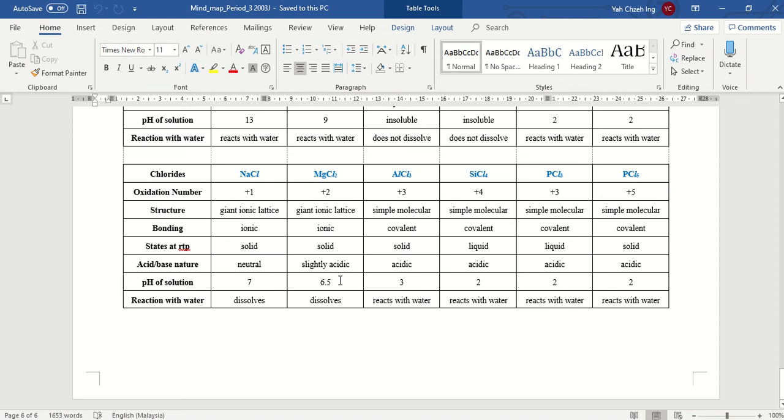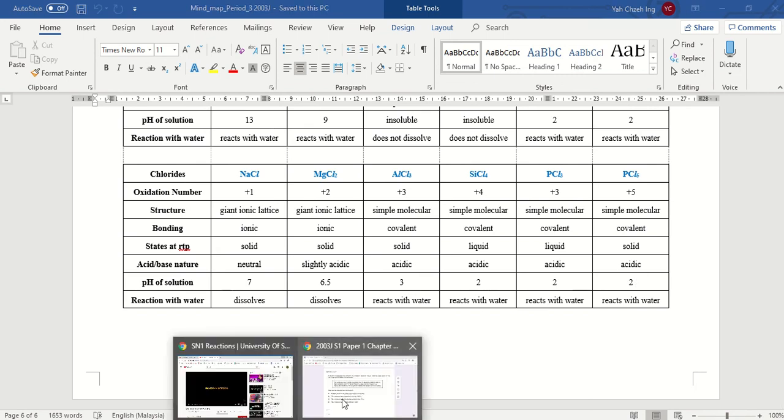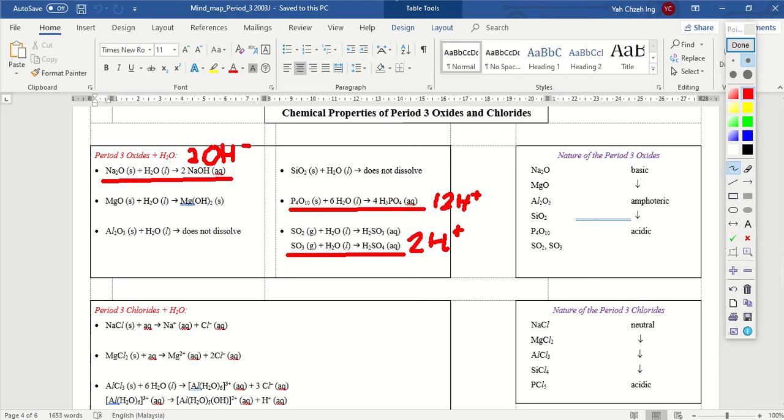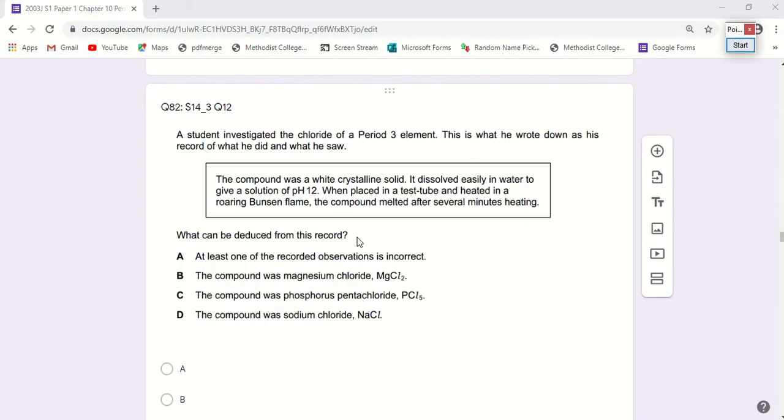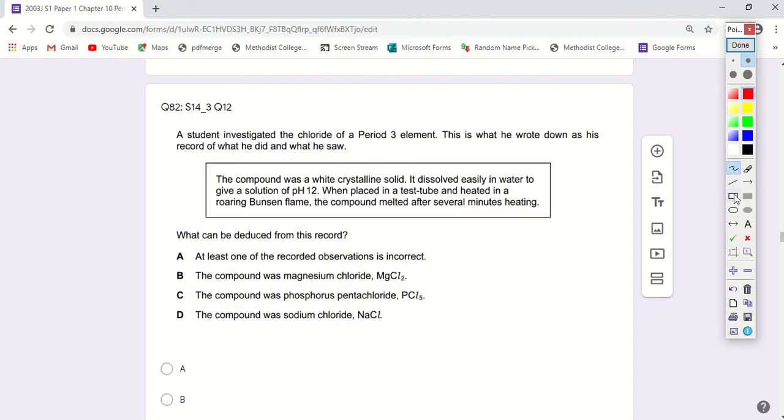Magnesium chloride, pH 6.5, slightly acidic. PCl5 is an acidic solution, so pH 2. So you see, this one is pH 7, this one 6.5, and this is 2.